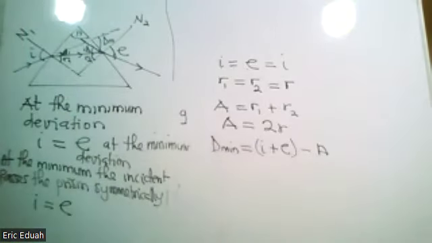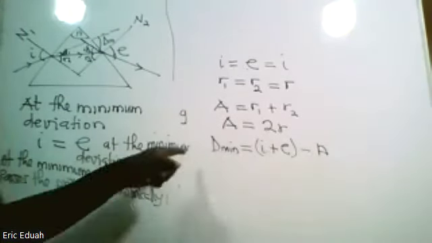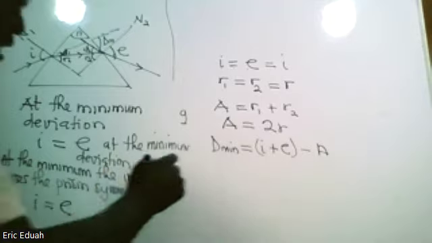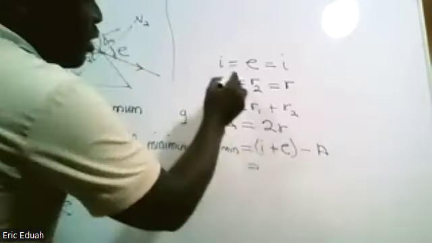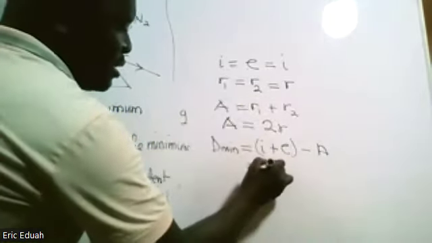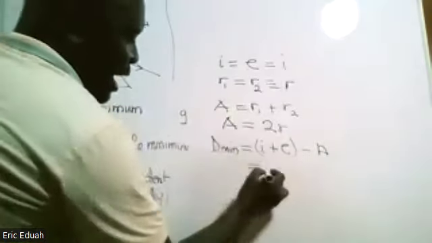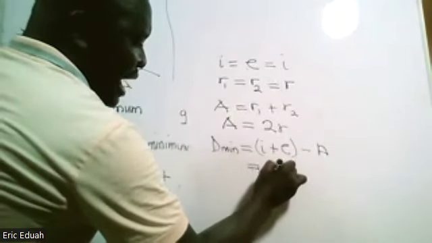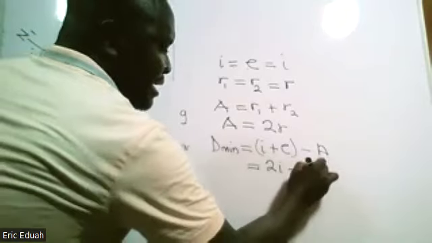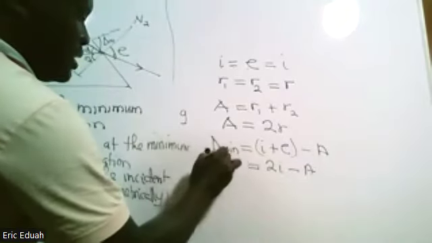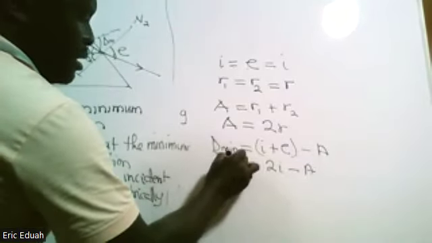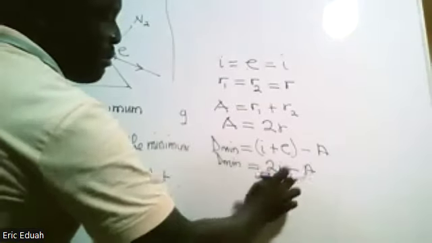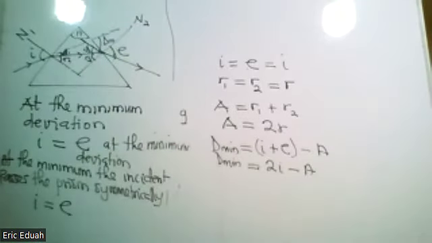Because this time it's not the total, but we are at that minimum deviation. Because I is equal to E, and they are all equal to I, we have 2 times I minus A. So D minimum is equal to 2I minus A.